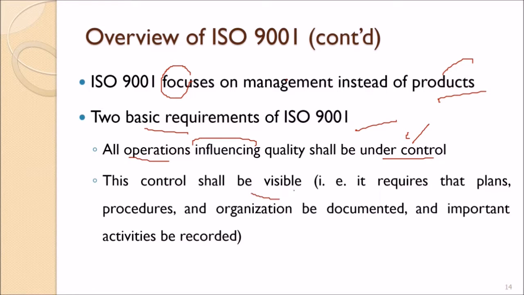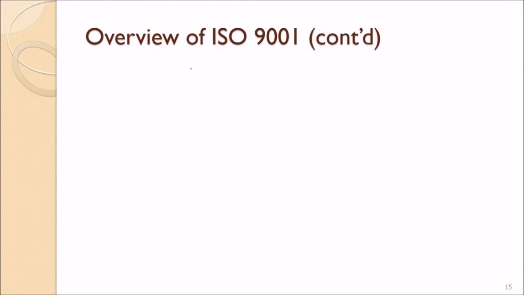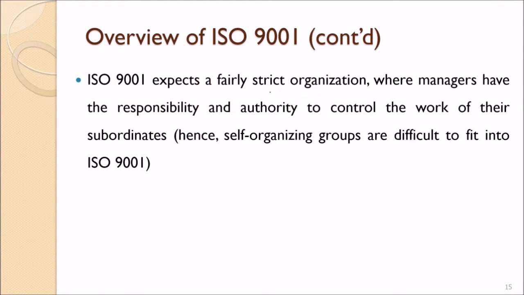What does it mean? It requires that plans, procedures, and the organization be documented. So you need to have documents at every stage, and important activities need to be recorded. So ISO 9001 expects a fairly strict organization where managers have the responsibility and the authority to control the work of their subordinates.